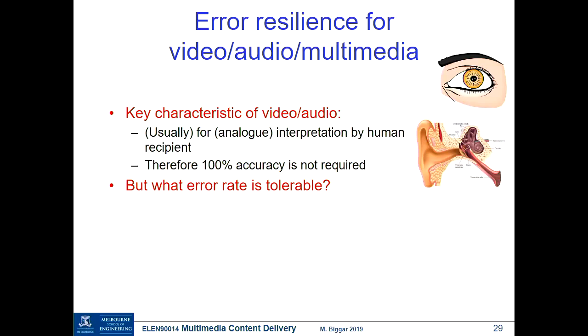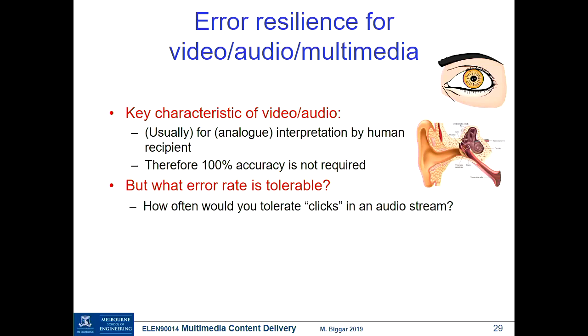We could have machine interpretation of video or automated tracking systems, automated surveillance systems, but this is obviously a very important and large application area where we are distributing audio and video for human consumption. So if 100% accuracy is not required, what is good enough?